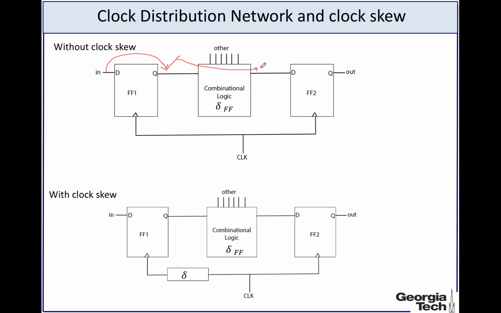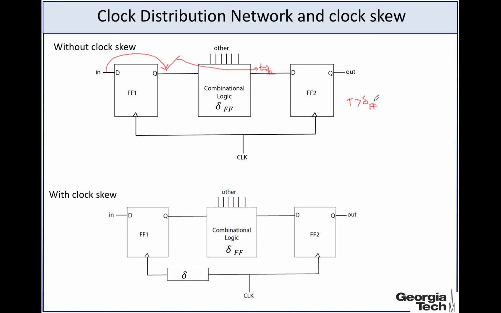That occurs at time t equals delta ff, and then in the next clock cycle this input is converted to the final output over here. So what essentially needs to happen is that the period of the clock signal has to be larger than delta ff.